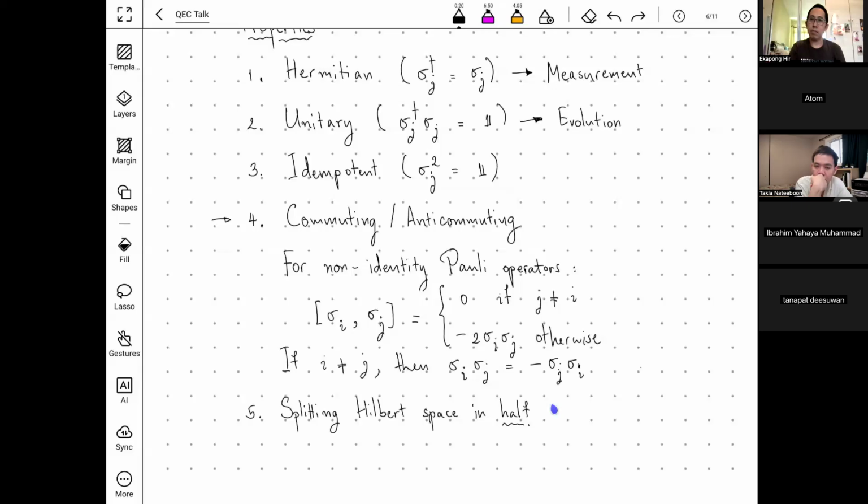I put it there. Okay, but could I ask, this is something like the properties of the sigma matrix, the Pauli matrix, right? But generally, other operators could satisfy all the conditions if you don't use the Pauli matrix.